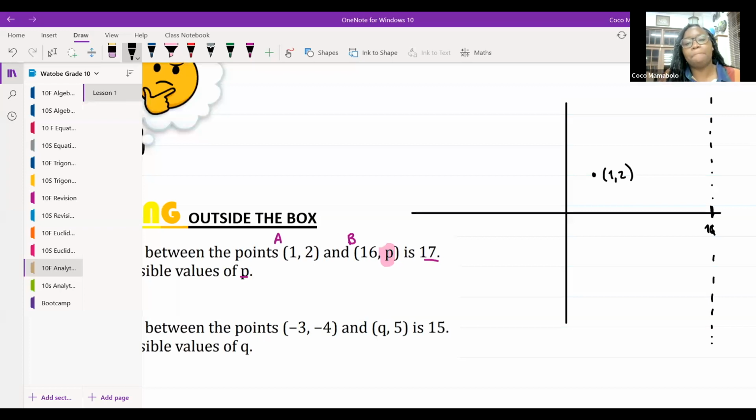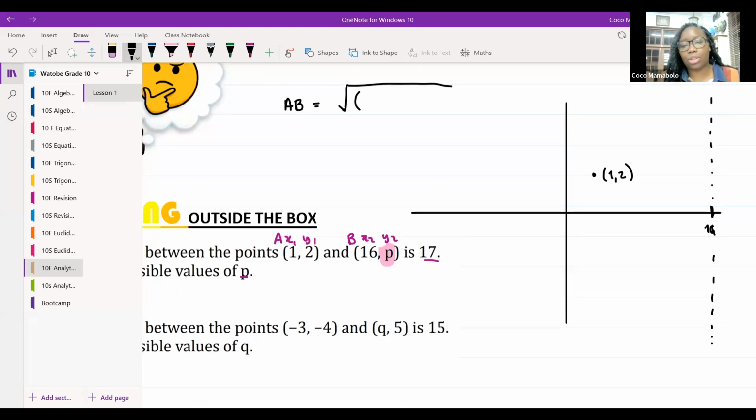So we know that our distance formula will say AB is equal to the square root of, and I'm going to open brackets. This is my x1 and my y1, and this is my x2 and my y2.